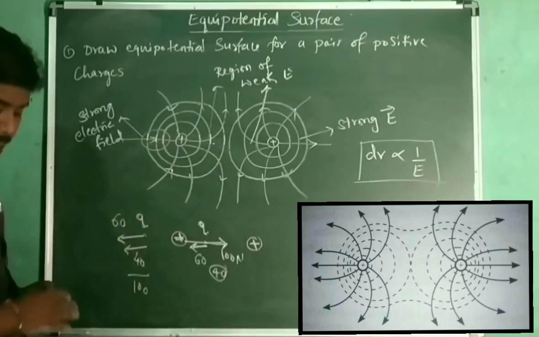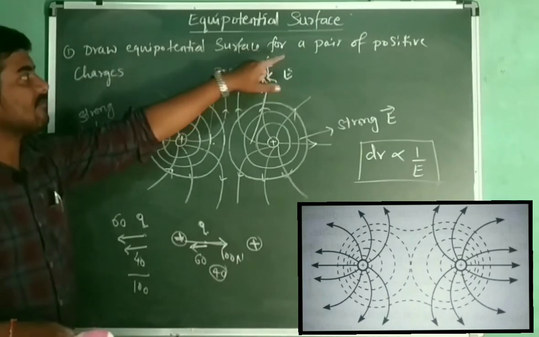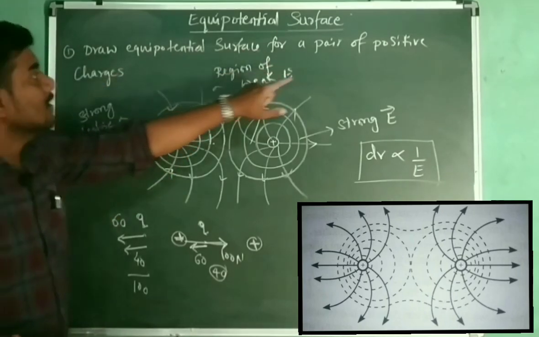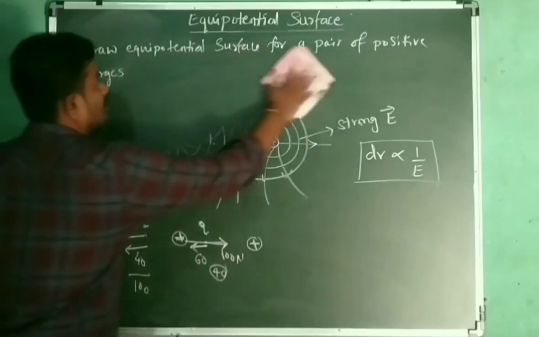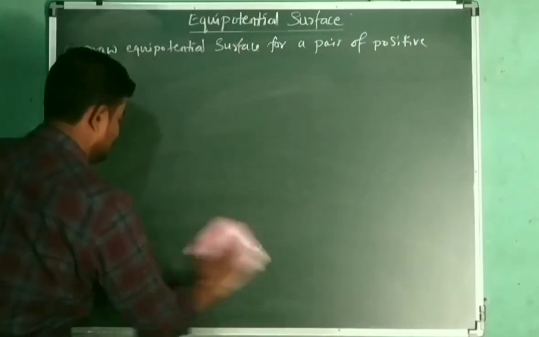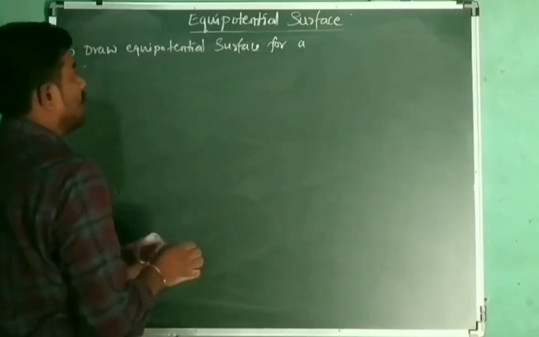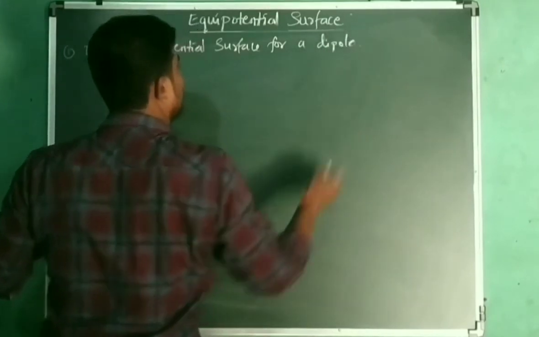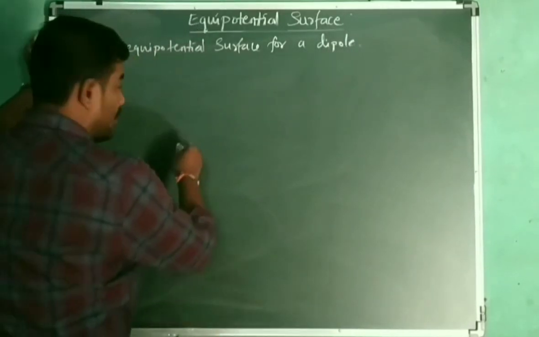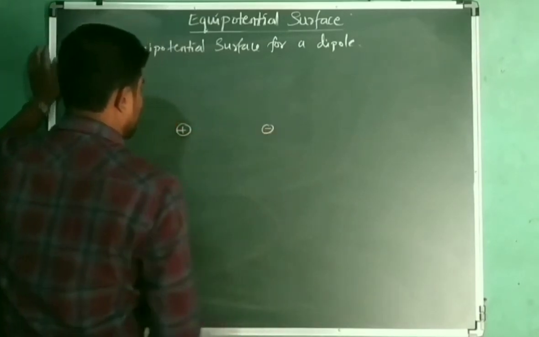Sometimes the question is to draw the equipotential surface for a dipole. See here, for a dipole, say this is the positive charge and this is the negative charge.